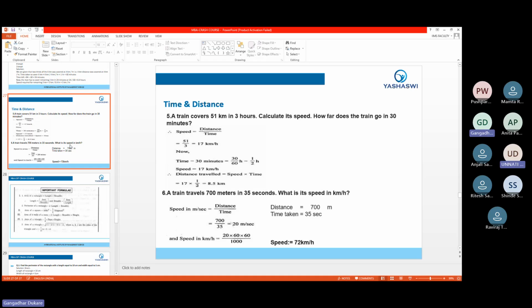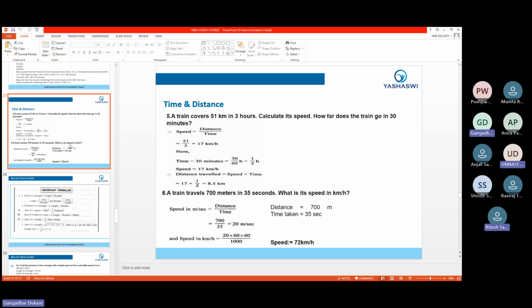This question will come 100% in speed and distance. In that case, the speed is given in kilometer per hour, so you simply calculate by multiplying the speed, say 17 kilometer per hour, by 5 by 18, and that is your final speed.